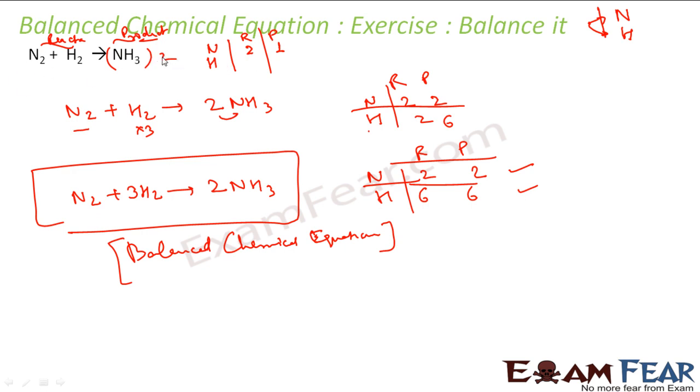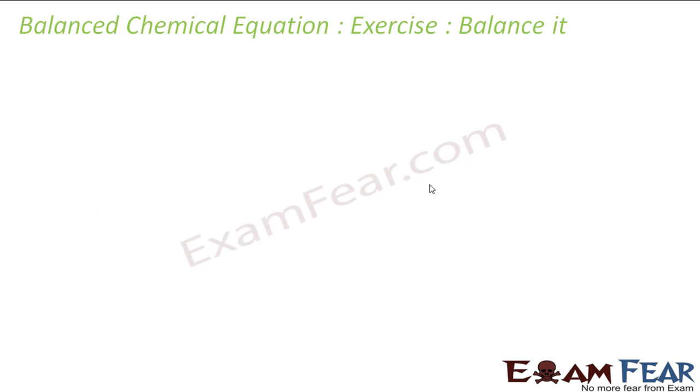So I multiplied into 2 the product side, because product side only 1. I got this equation. Then again check here, nitrogen was balanced but hydrogen was not balanced. Here the reactant side had only 2 hydrogens. So we multiplied this guy with 3. Then we check, yes, everything is balanced. Thus I got a balanced chemical reaction.